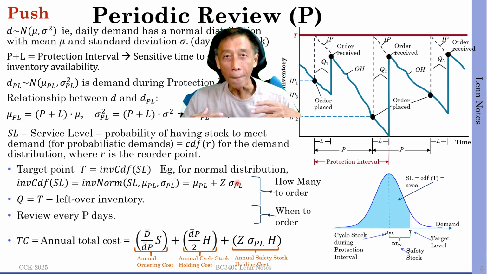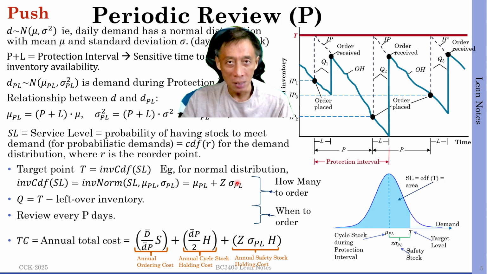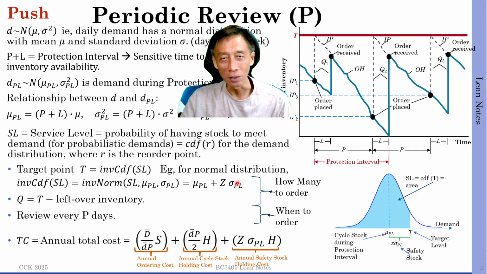So in that kind of situation, candy, that particular flavor, like let's say if it's mint, which is in higher demand, perhaps the review period is shorter, every week, so they reorder.